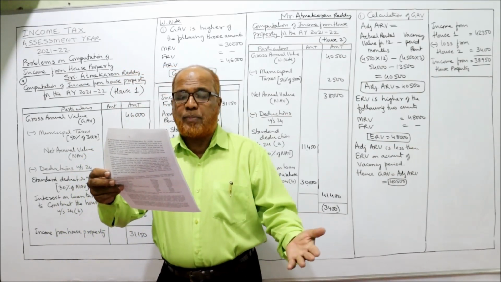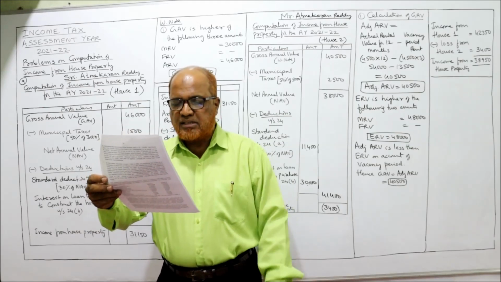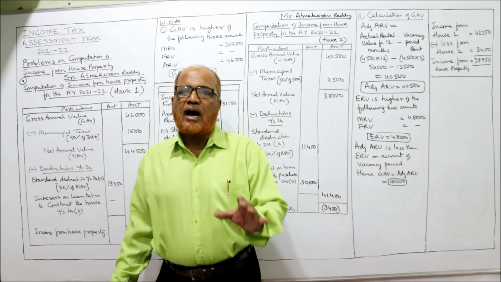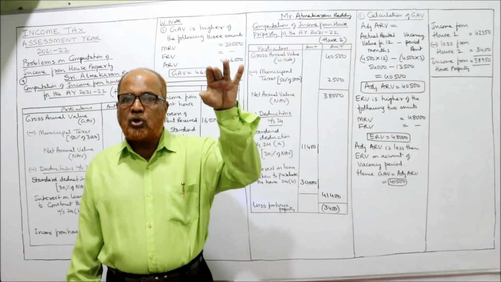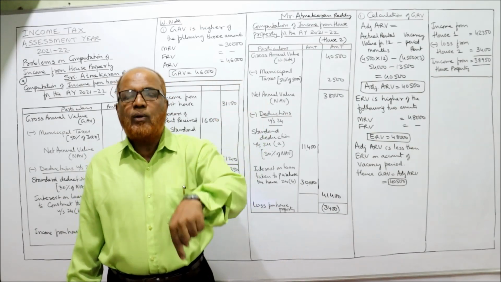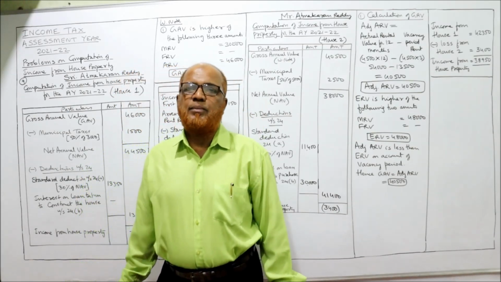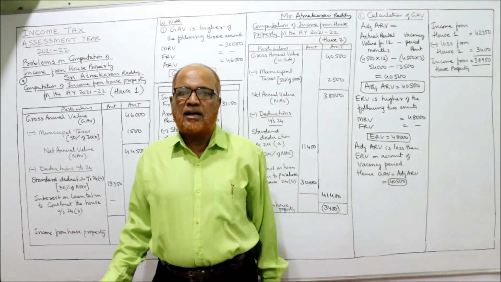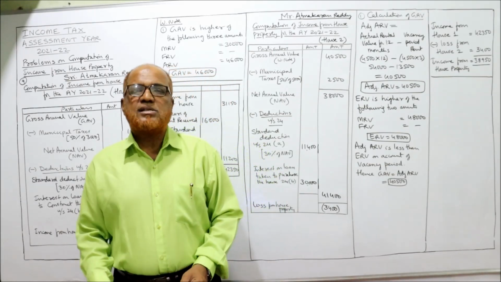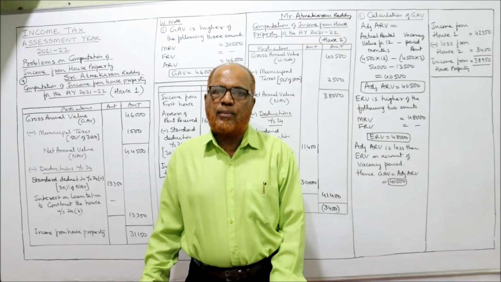Repairs and brokerage paid to get the tenant, all these are not allowed as deduction. Arrears of rent, if it was not assessed earlier, now it will be assessed and 30% of NAV will be allowed as deduction. That's all. So this is the end of problem number 9.